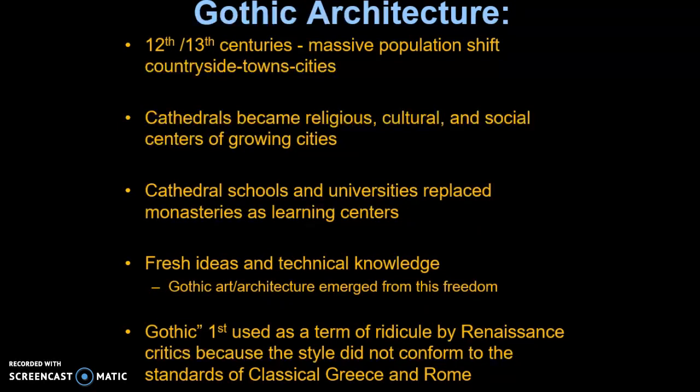Another thing that I wanted to point out was, although it was a great time of prosperity, there was also a lot of turmoil across Europe. We have the 100 Years' War, which shattered the peace between England and France. In the 14th century, we had the Black Death, which was a plague that killed over a quarter of the people in Western Europe.